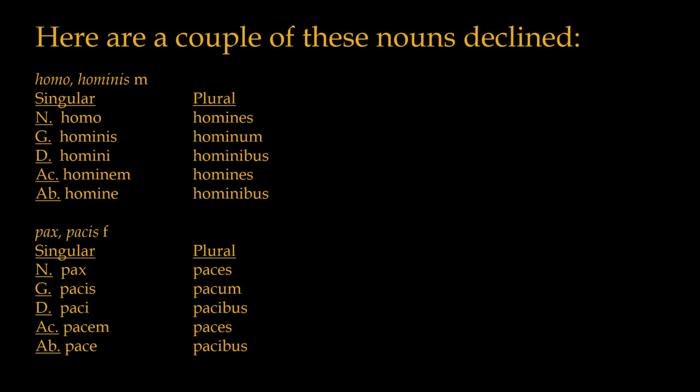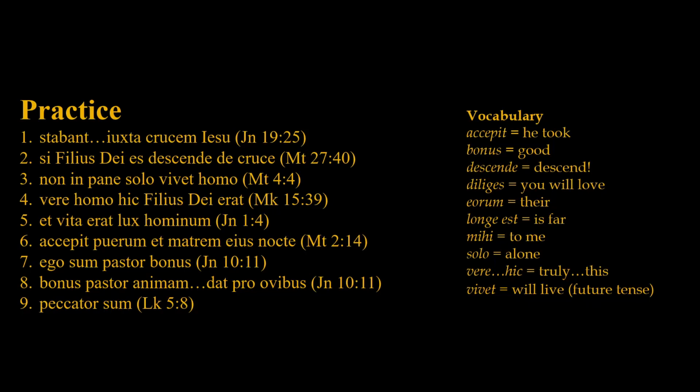And then we have that ending, so let's go back and take a look. So, the life, vita, and the life was, erat, lux, the light, hominum, of men. So hominum there is in the genitive plural, right?